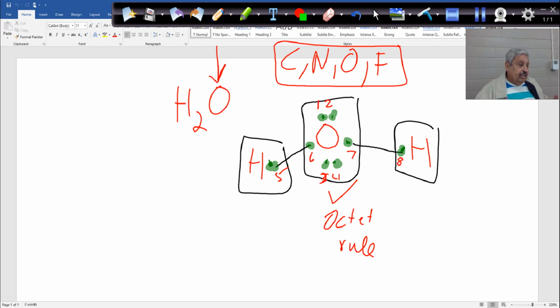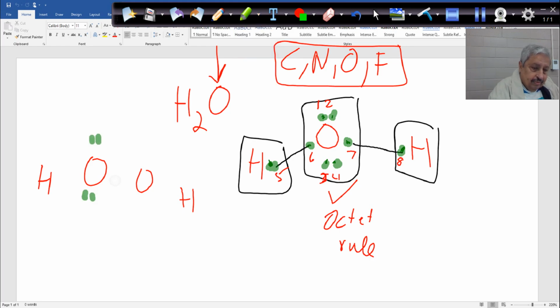If I have 2 electronegative atoms, I should not put them together, and this is only the exception to the rule. So here's oxygen, oxygen. My rule tells me not to put 2 electronegative atoms together. But I have hydrogen here. Hydrogen takes priority. It has to be at the edges. So hydrogen will be here, and hydrogen will be here. Then I have 6 here and 6 here, guys.